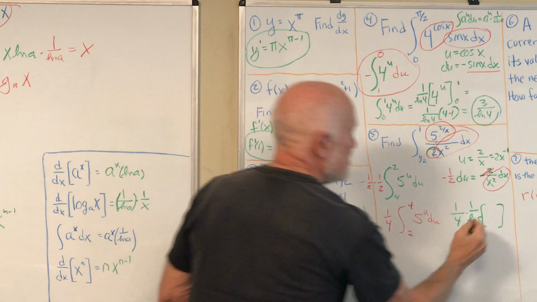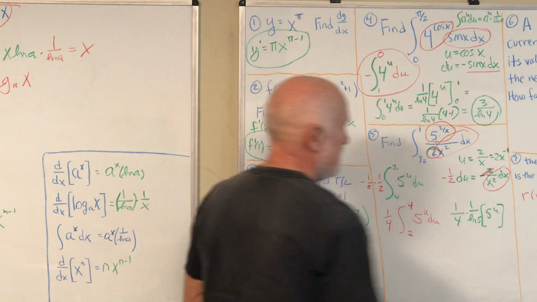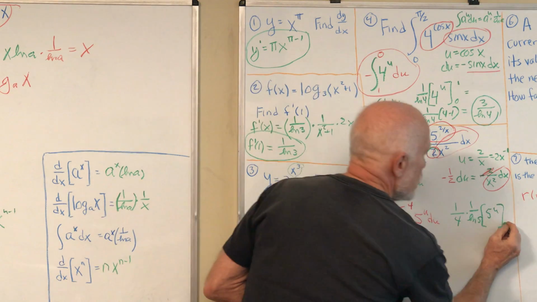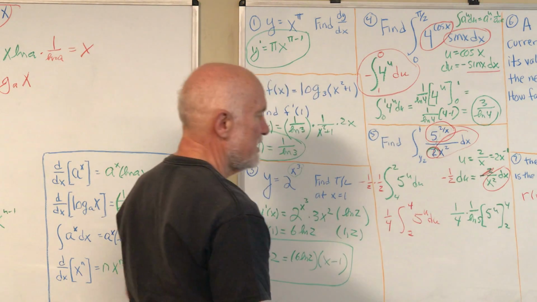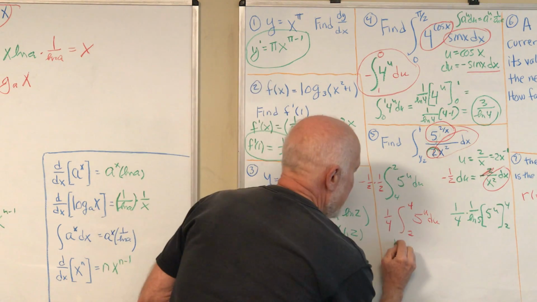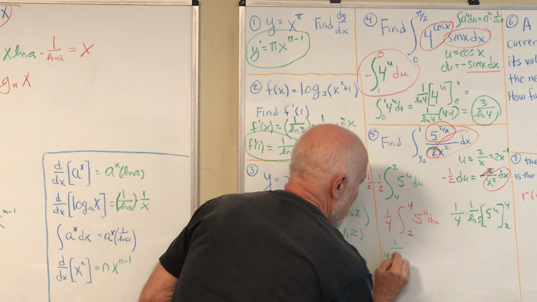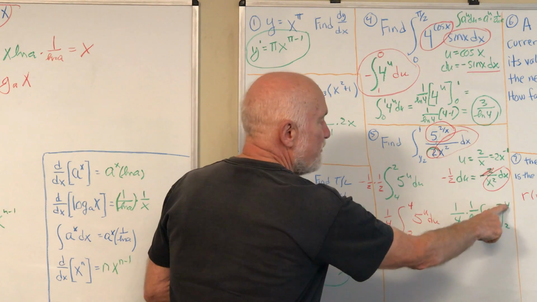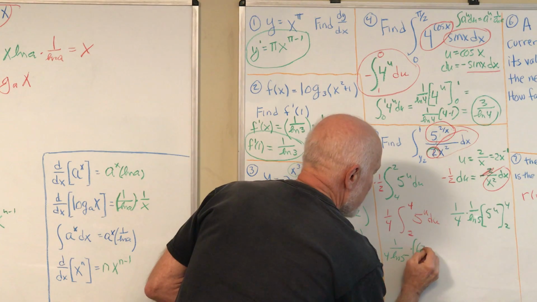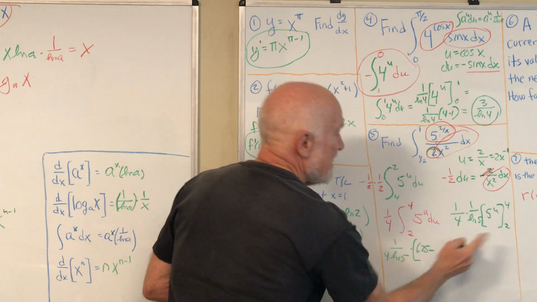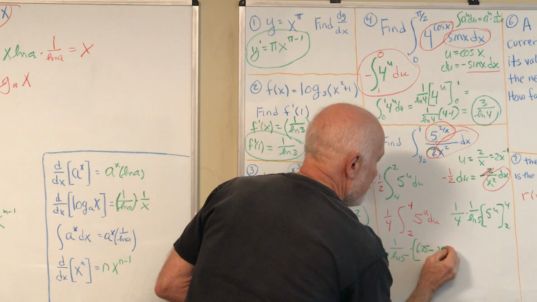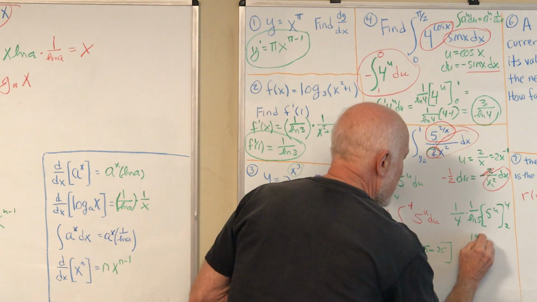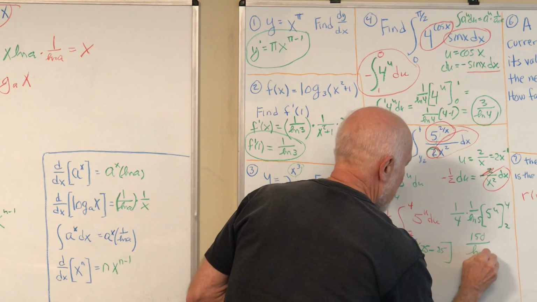And then we just get 5 to the u, 5 to the u times 1 over the natural log of 5 from 2 to 4. So we get 1/4 times 1 over the natural log of 5, and then 5 to the 4th is 625 minus 5 squared, which is 25. So you get 600 divided by 4, or 150 over the natural log of 5.